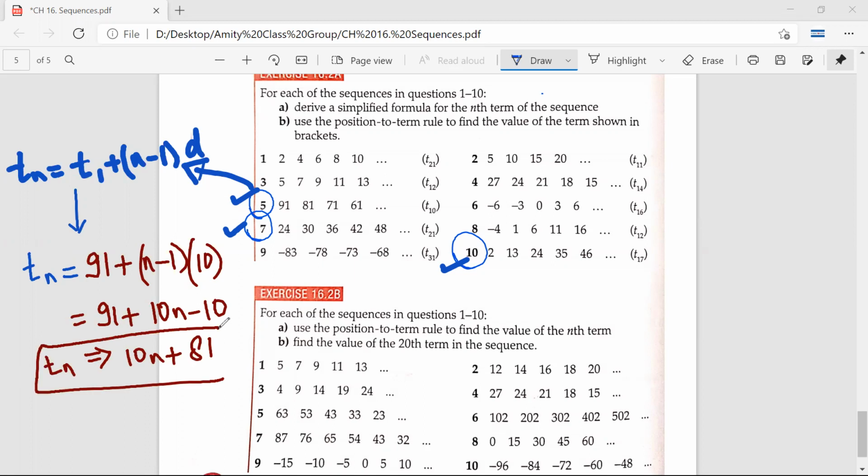Have you found this? Aishwarya ji, was this your answer? No. So what was your answer? I got 101 minus 10n. Okay, then maybe you wrote plus here.